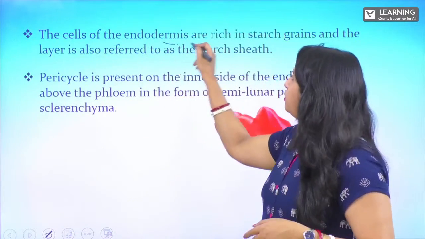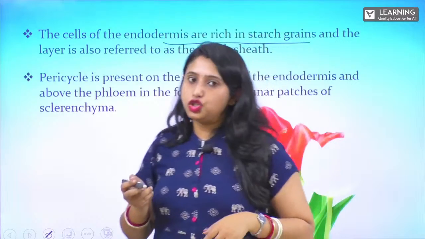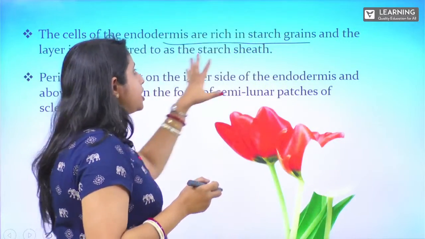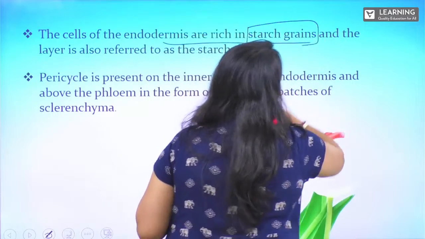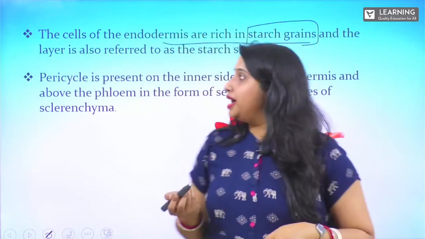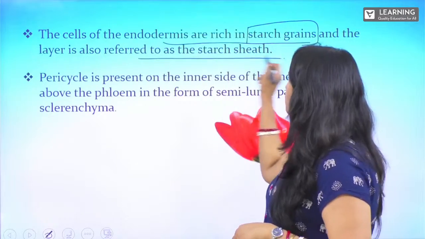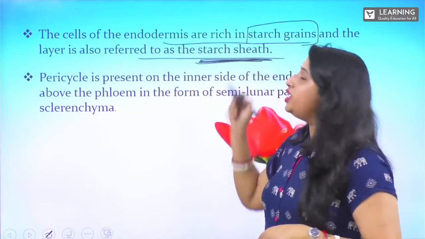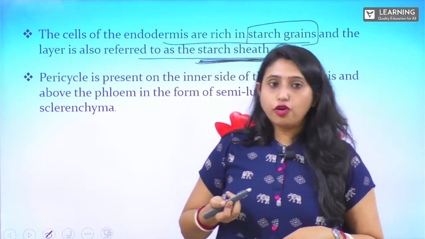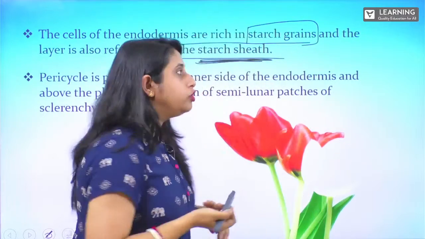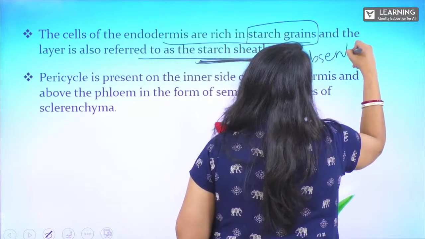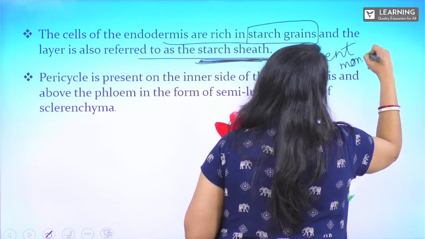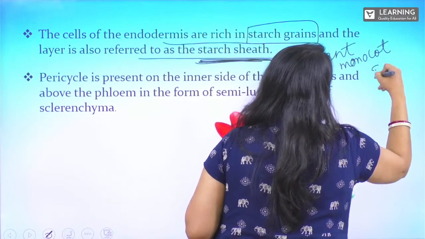The cells of the endodermis are rich in starch grains. They are responsible for storing the starch grains, and the layer is referred to as the starch sheath, which is absent in case of the monocot stem. You will not find this in the monocot stem.